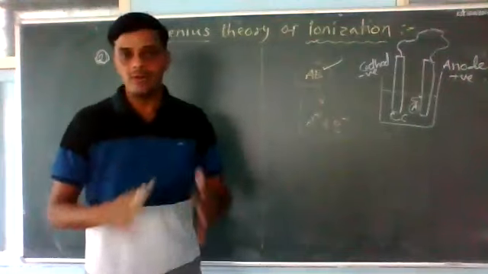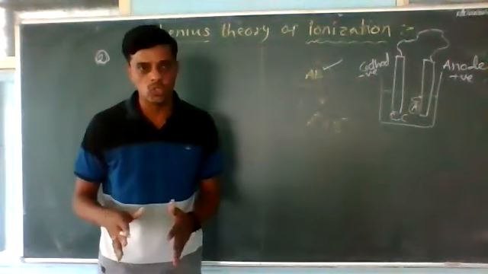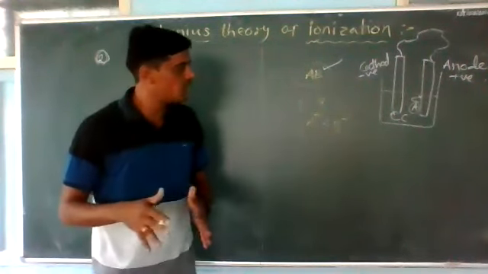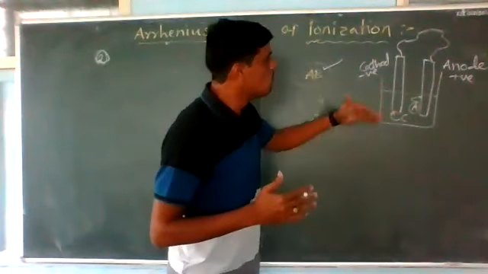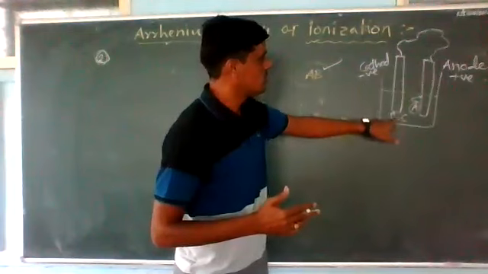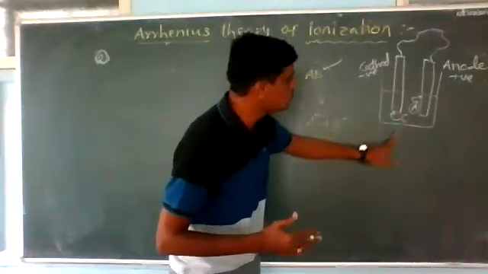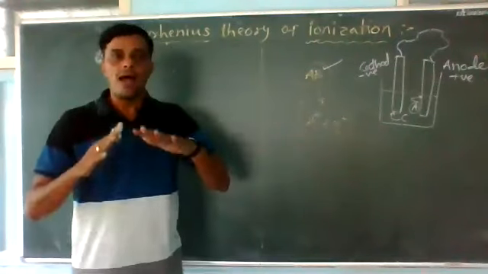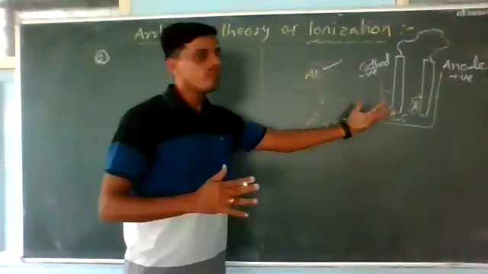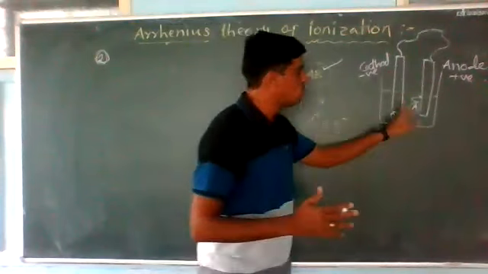Wherever the cations are present in the solution, they move towards the negatively charged electrode. Positively charged cations move toward the cathode, anions move towards the anode, and during this movement of the ions, the electric current flows.